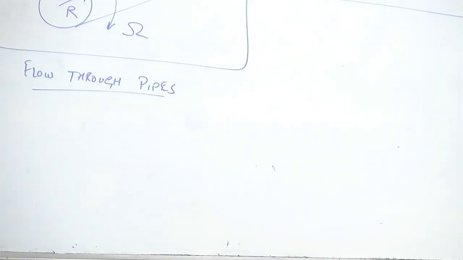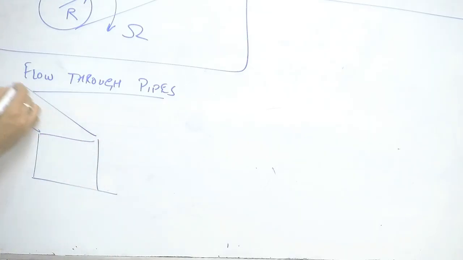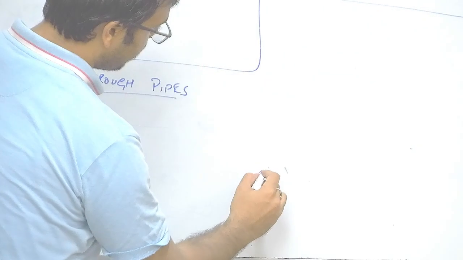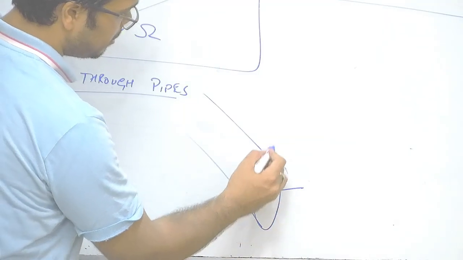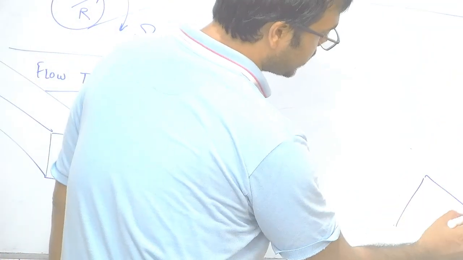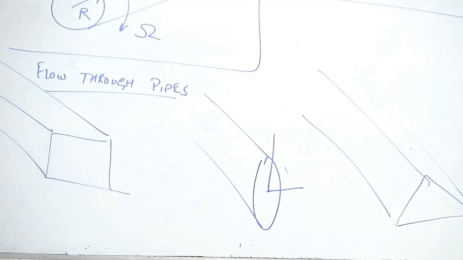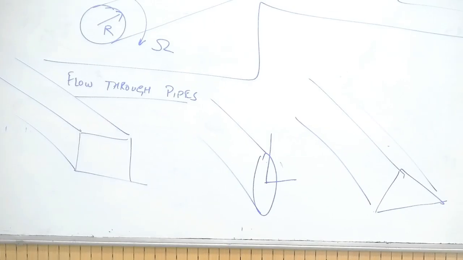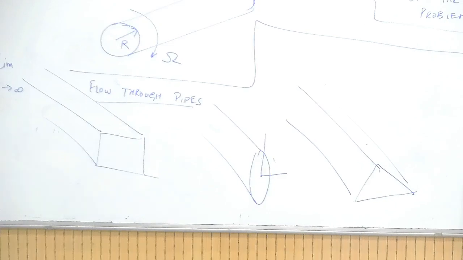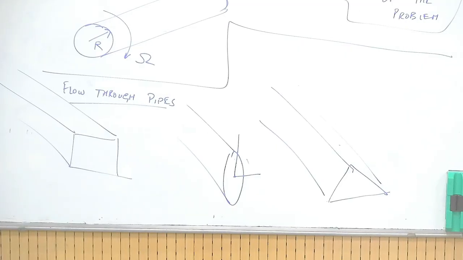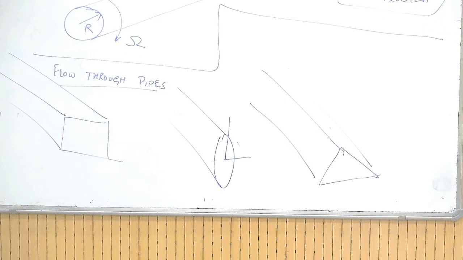You could have a rectangular cross section, an elliptical cross section, a triangular cross section, or some arbitrarily shaped pipe. For now we will not look at cross sections varying along the length of the pipe, we will do those cases later on. We will assume that the cross section is constant along the length of the pipe.